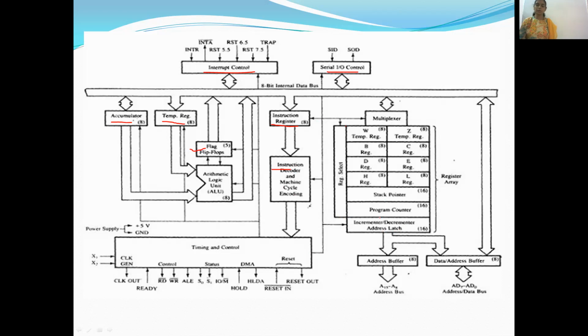Then stack pointer, program counter, increment and decrement registers, here the timing and control unit, address buffer, and data or address buffer. These are the functional blocks of the 8085 microprocessor. We will see all these blocks in detail.